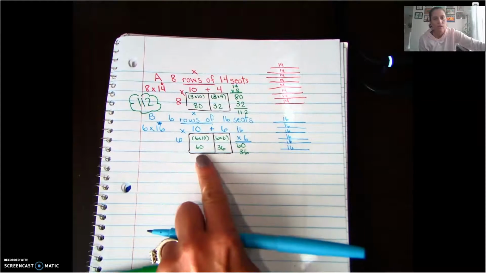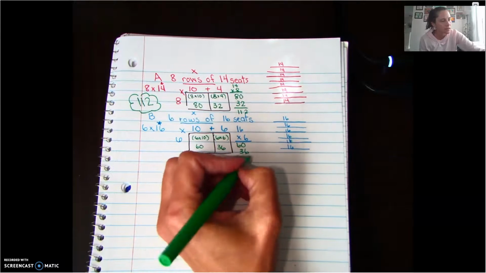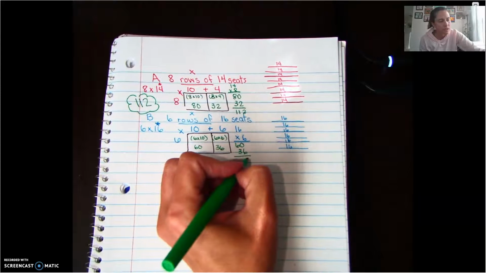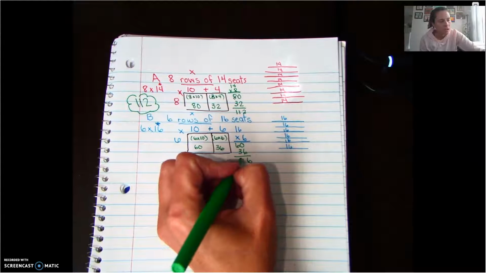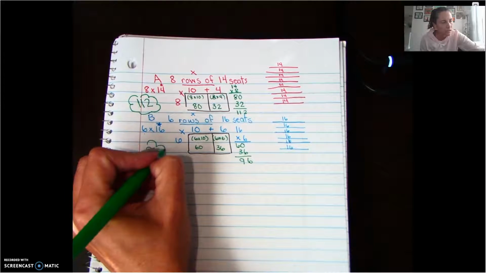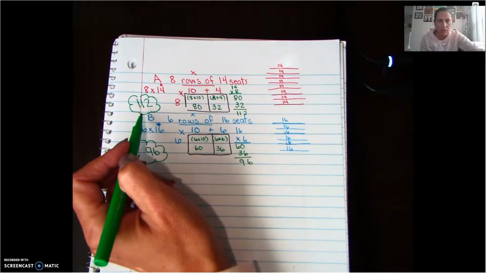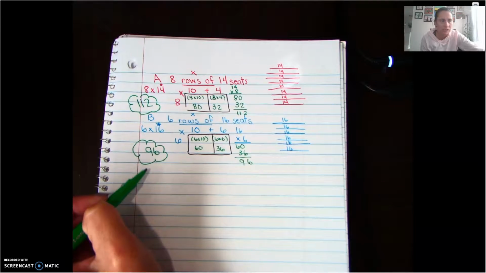So whichever way you want to use, your area model or your partial product. Let's add them together. 6 plus 0 is 6. 6 plus 3 is 9. So section B is 96. Now, if we added all our 14s together, it would be 112, and if we added all our 16s together, it would be 96. This way is just faster.